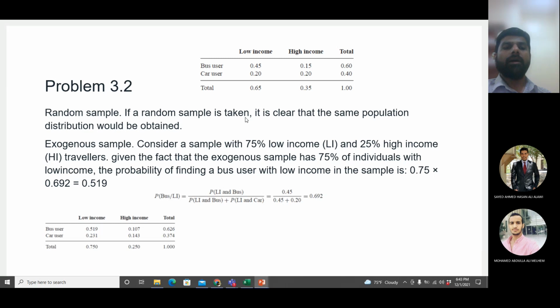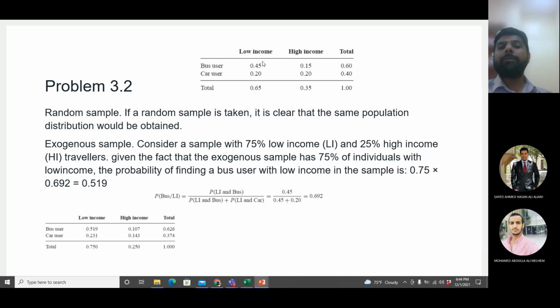Now you can take the sample randomly. Okay, the first option is to take the sample randomly. In that case, you should be getting the same proportion. So for example, if you took 100 values randomly, out of those 100 values, how many people should belong to the bus users low income group? 45.